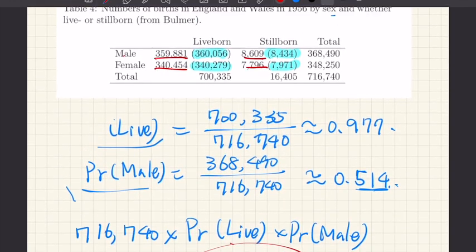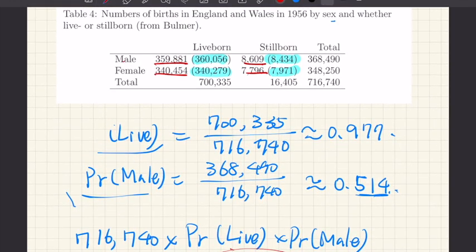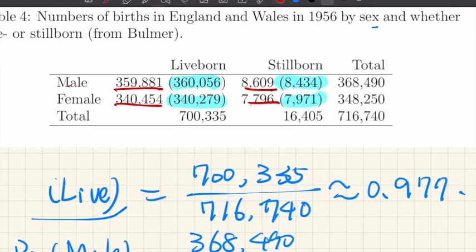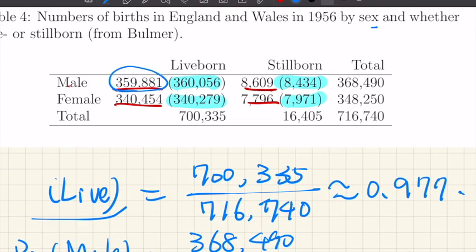So this number minus this number, squared, divided by the theoretical number; that is, observation minus prediction, squared, divided by the prediction, and so on, and add them all.